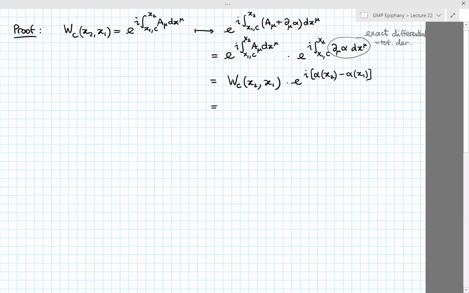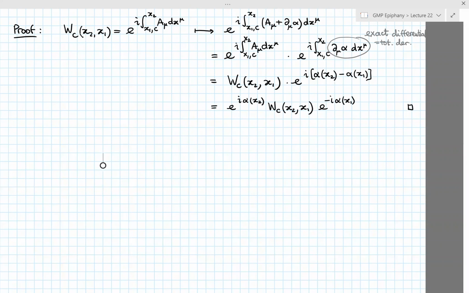And this is the result, which I can also write in a suggestive form that we'll refer to later on when we look at non-abelian gauge theories, but really, this is just rewriting for abelian gauge theories.